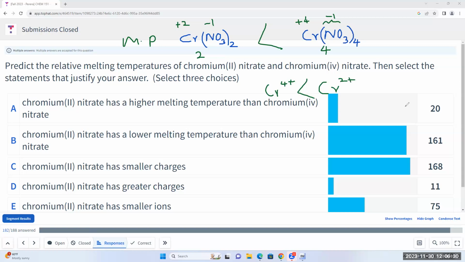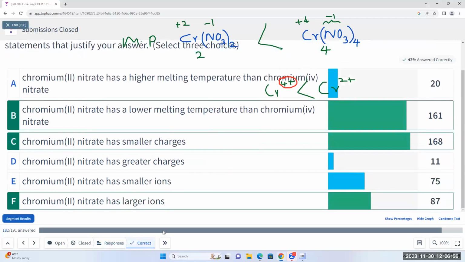Why? Because you have a greater charge. I'm referring to this charge over here. These electrons are more strongly attracted to this chromium nucleus. They're making it a smaller electron cloud. That's why chromium 4 nitrate has small ions, and chromium 2 nitrate has large ions. So the correct answer is, let me point it out, should be this.